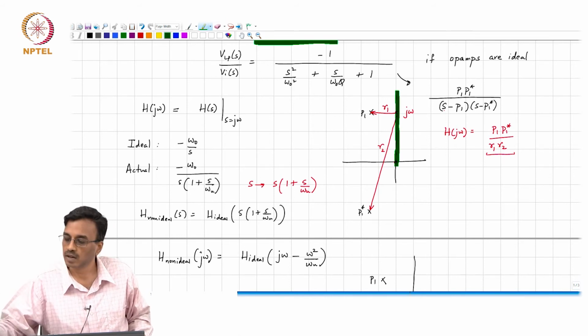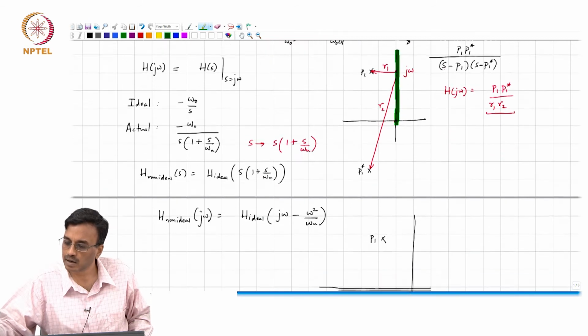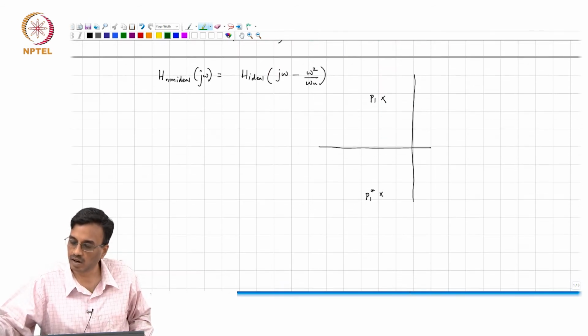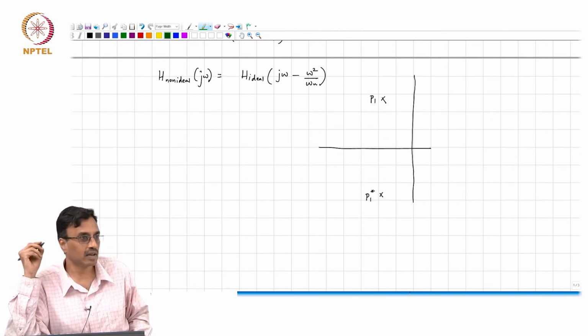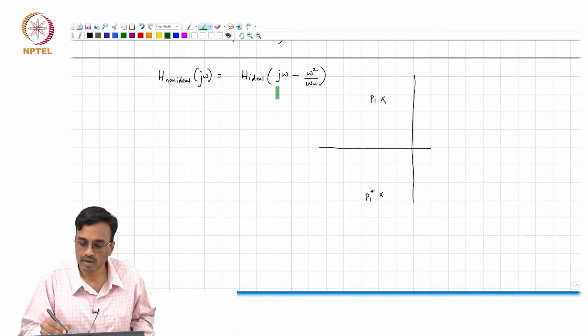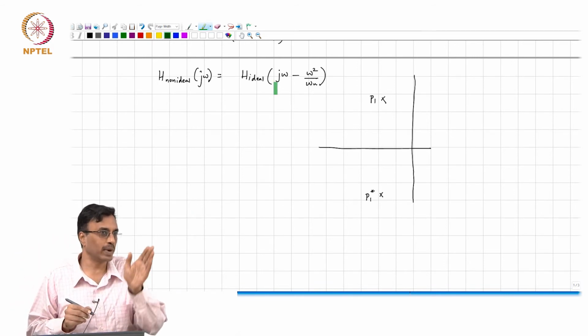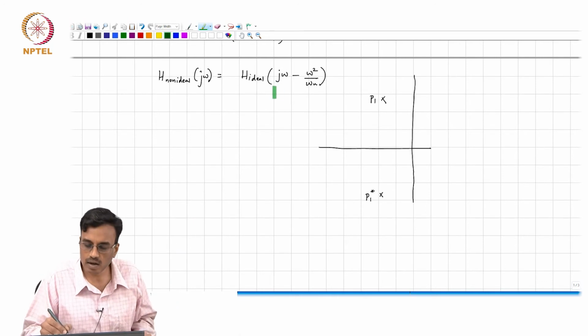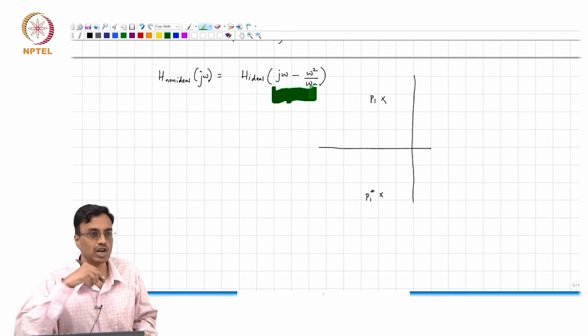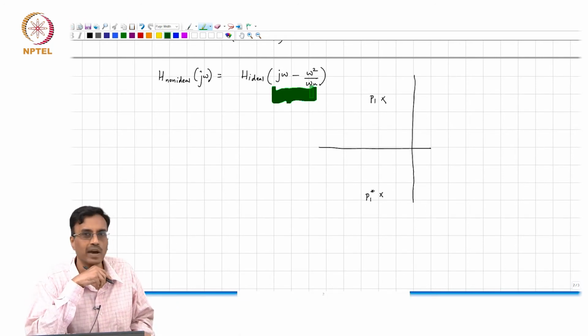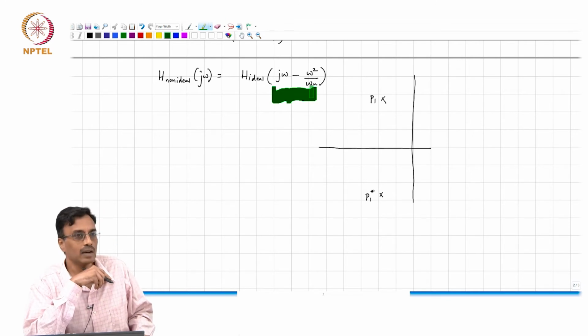Correct? Now, the non-ideal frequency response, what is this equation telling us? Instead of traveling along the j omega axis, you go along a path which is j omega minus omega square by omega u, right. And how does that path look like?